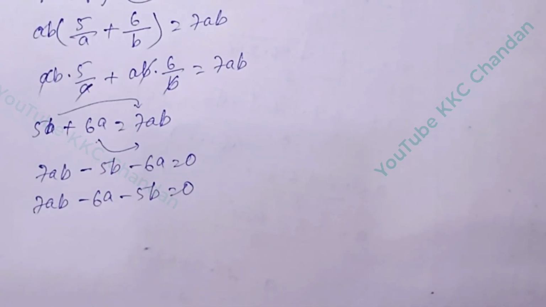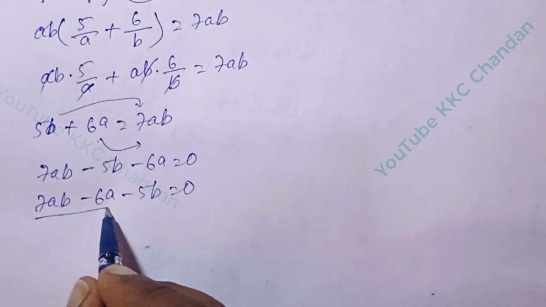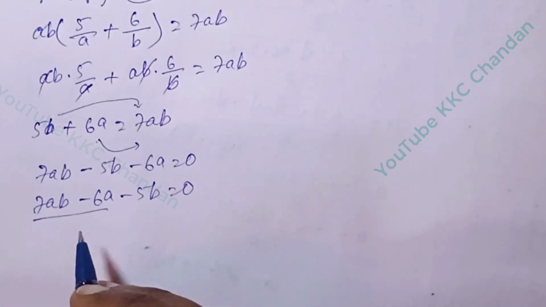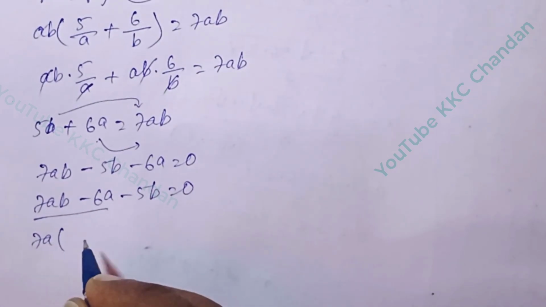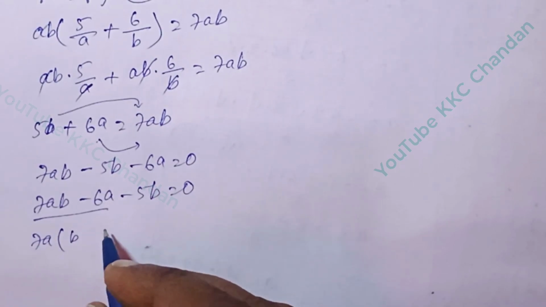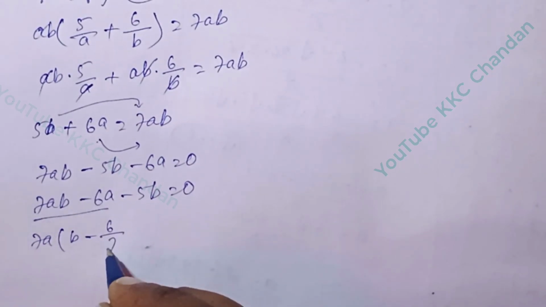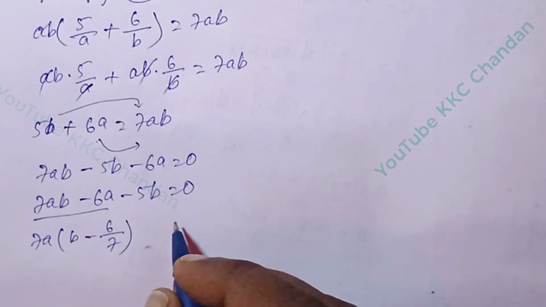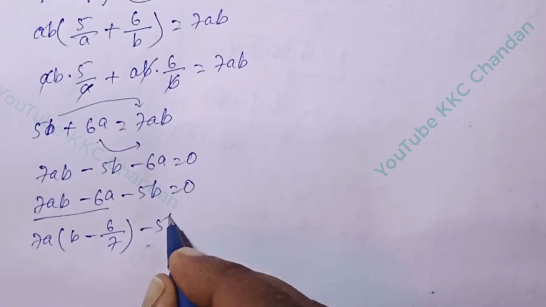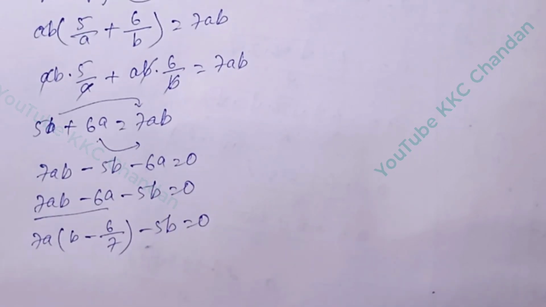Next step, these two take common: 7a bracket open, left with b minus 6 divided by 7 bracket close, minus 5b is equal to 0.